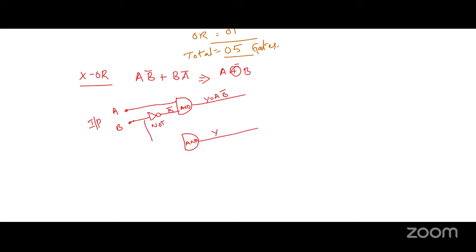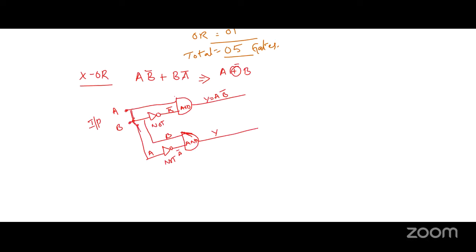Before the NOT gate, this is B. This is a NOT gate. This is A bar. Okay. A and A bar.